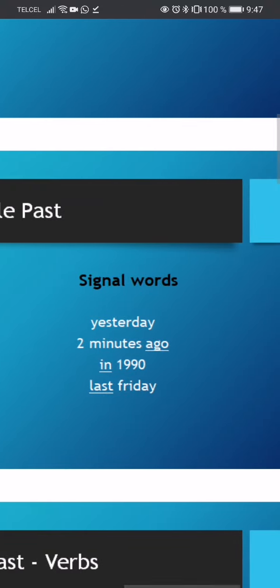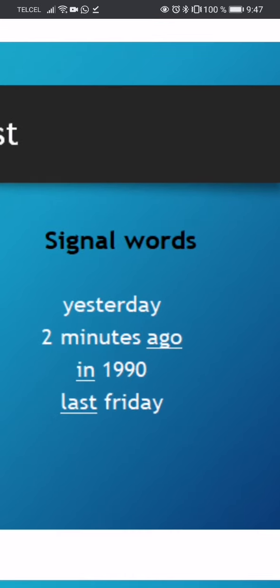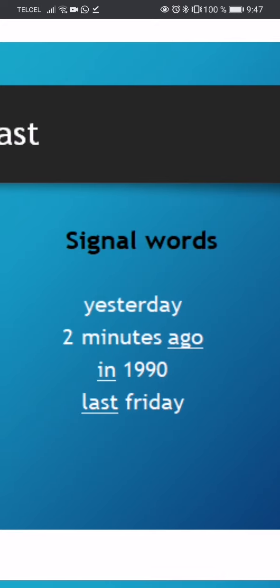And we have signal words. These ones are specific words that help us to identify the simple past. And they are very common. The first one is yesterday. And the next one, pay attention in this. 2 minutes ago. The important one is ago.